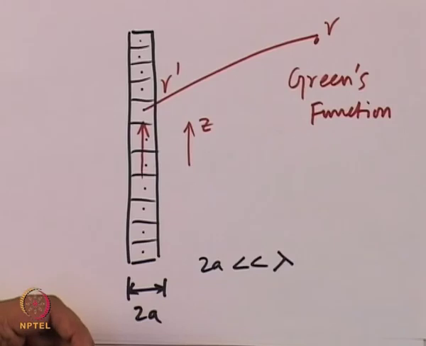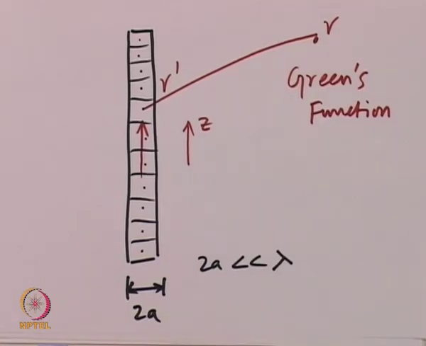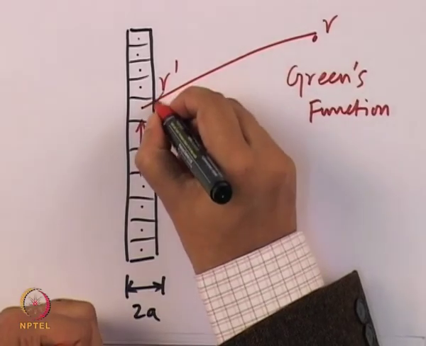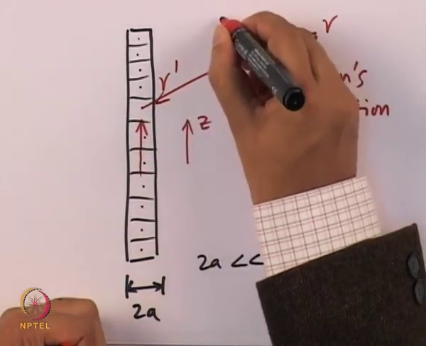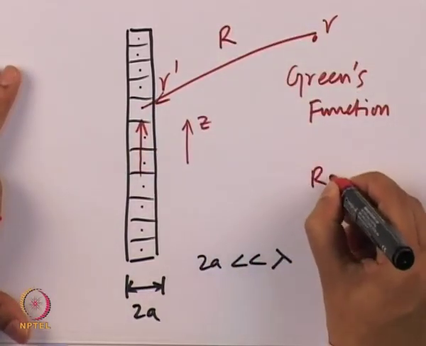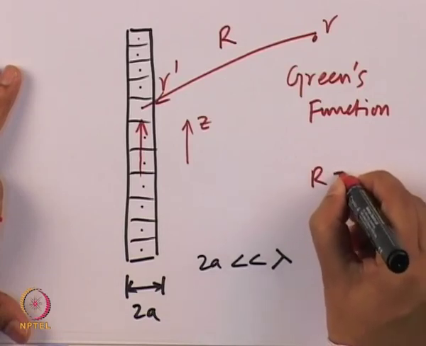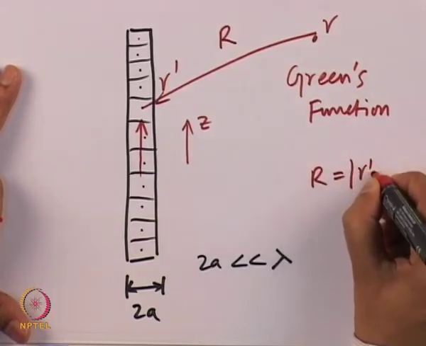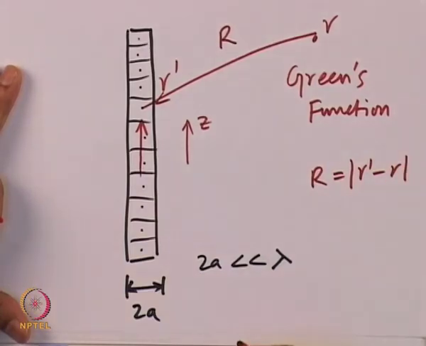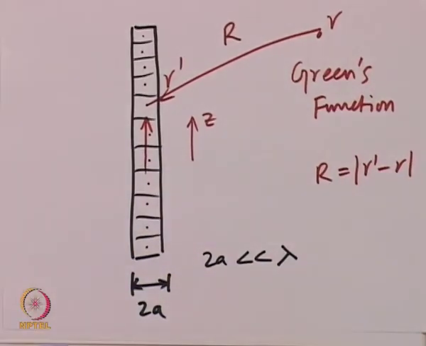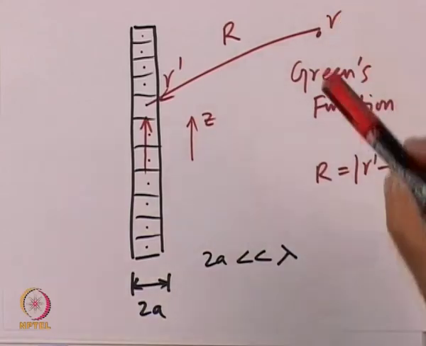So Green's function is nothing but a response function which we are going to compute due to a certain source at a certain location, and assuming that the distance vector r, magnitude is given by r prime minus r, and we are going to compute the value of the field at this observation point.